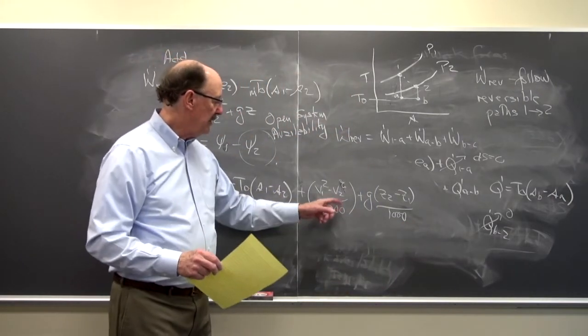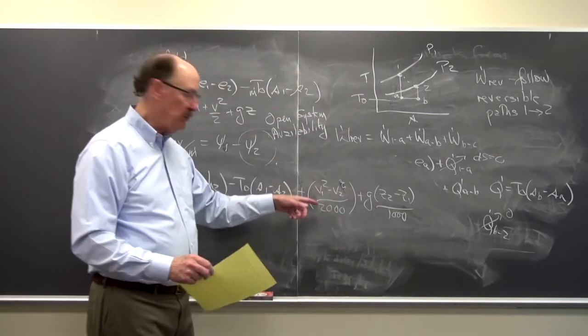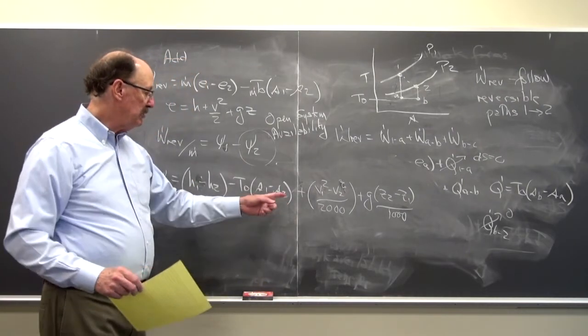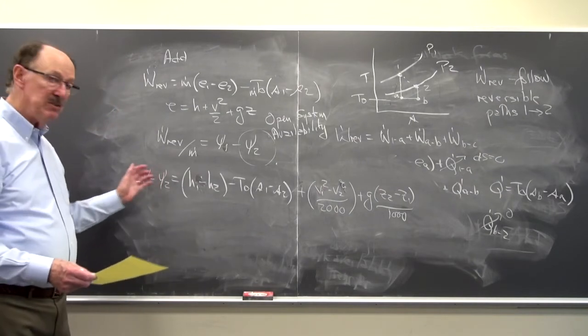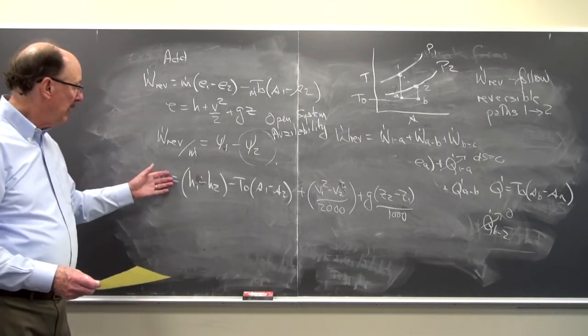We have it over the thousands because we want it in kilojoules as the units. So this gives us the expression for the change of work potential for an open system.